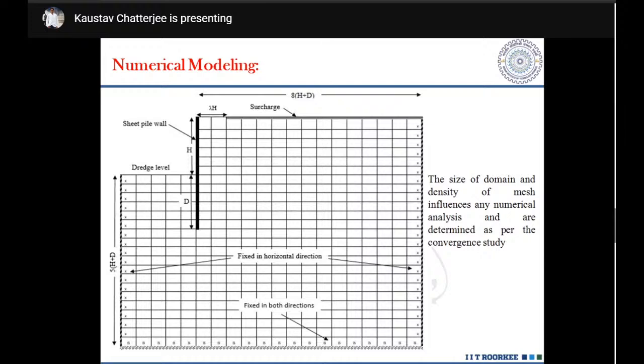Also, in some conditions, since we perform a Lagrangian analysis, at every step the grids are modified and the analysis is done with respect to that particular new grid. That is the Lagrangian analysis that we are following in this FLAC software.